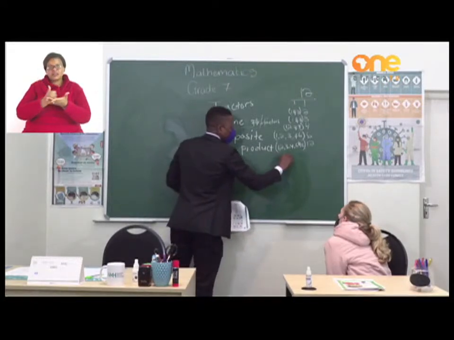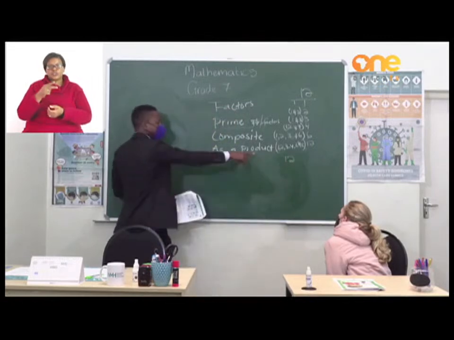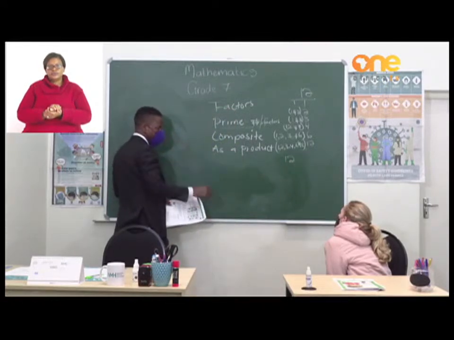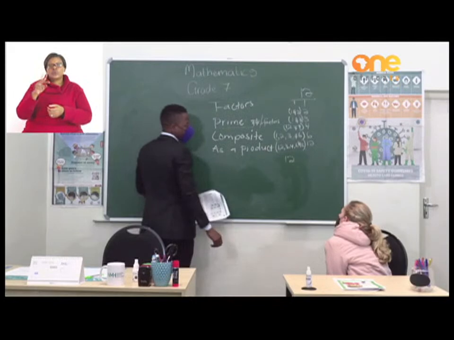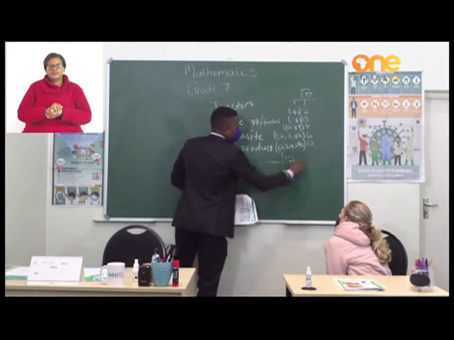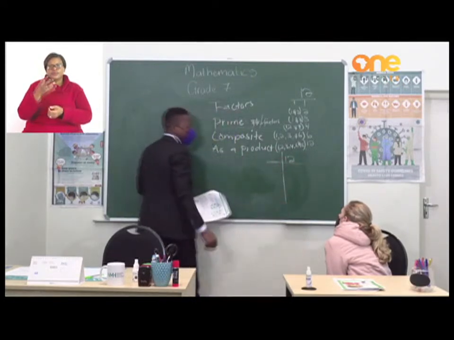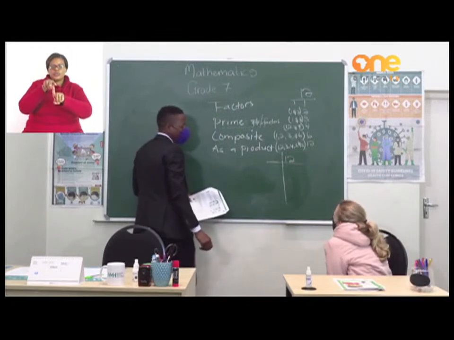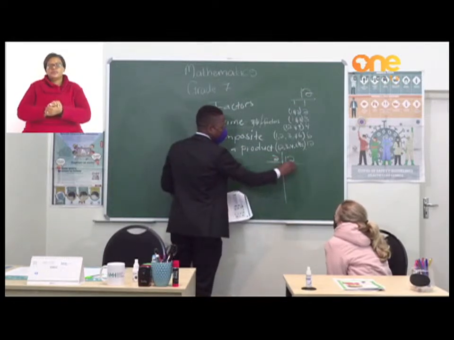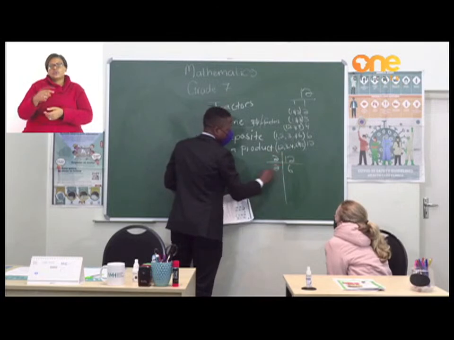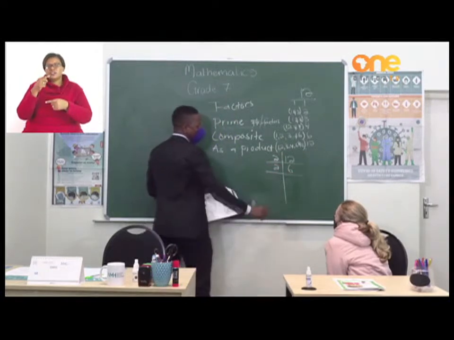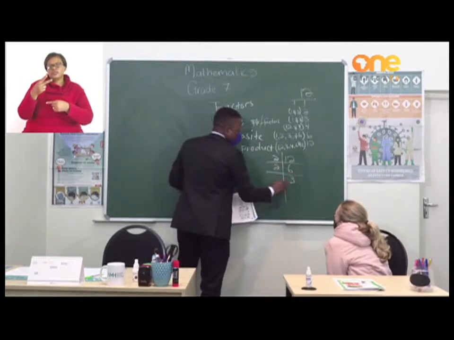We have 12. We must write 12 as a product of its prime factors. Remember, our lowest prime number is 2, so we can halve it with 2, we get a 6. 6, we can halve it with 2, we will get a 3.